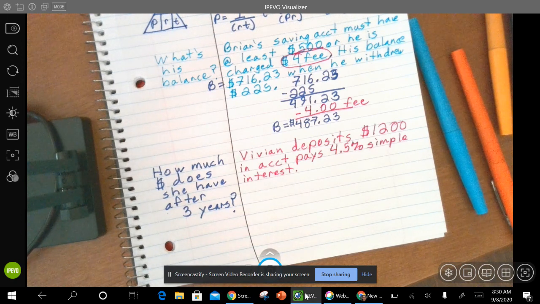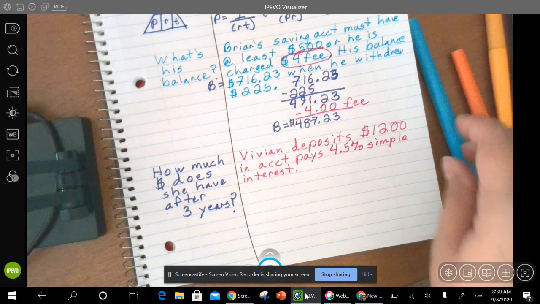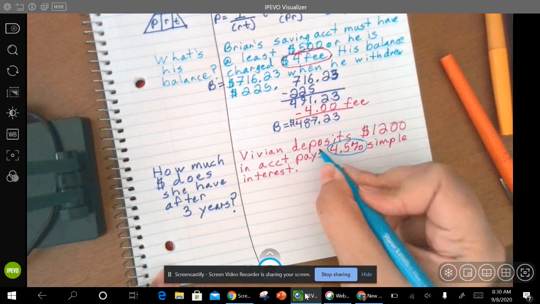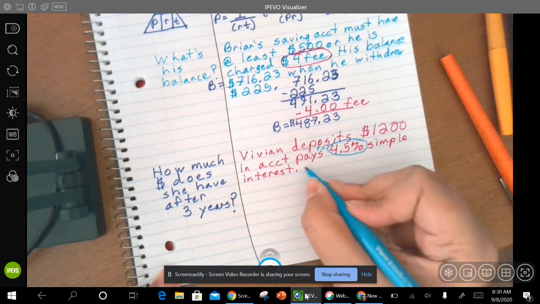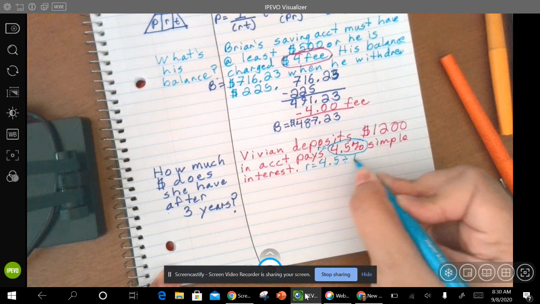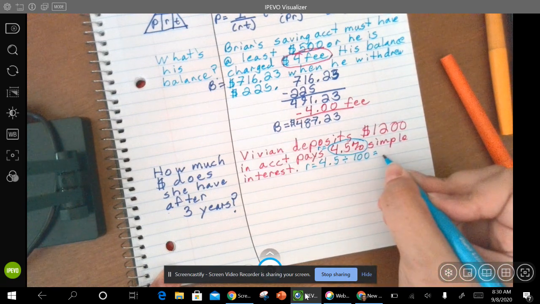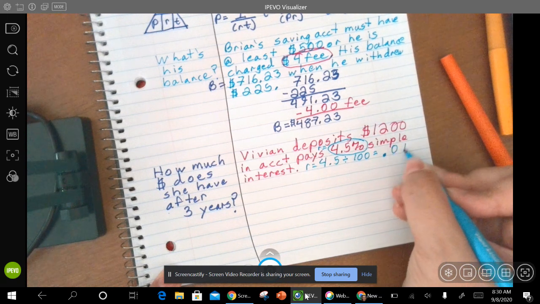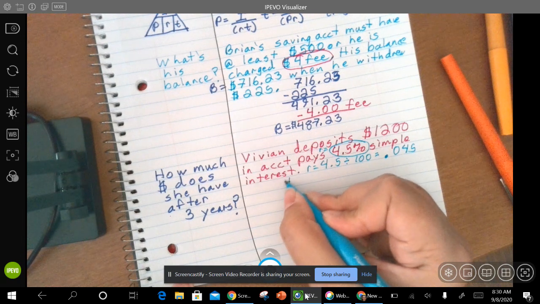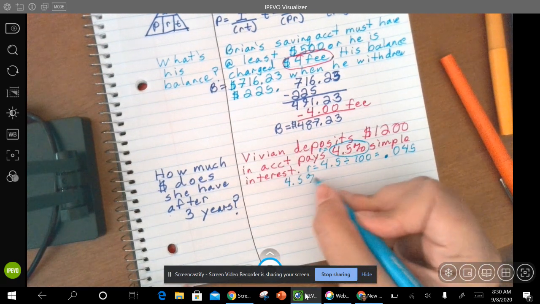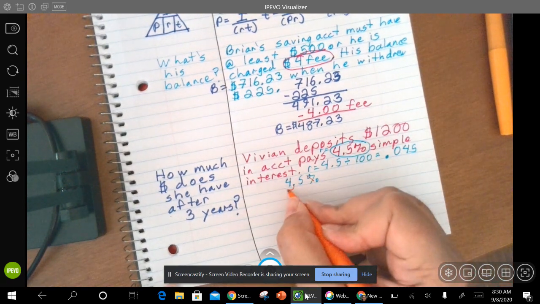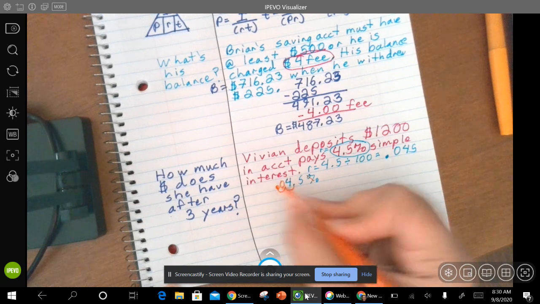Our rate is 4.5%. Remember, you can always divide it by 100, which gives 0.045, or you can drop the percent sign and move the decimal two places to the left, adding the 0.